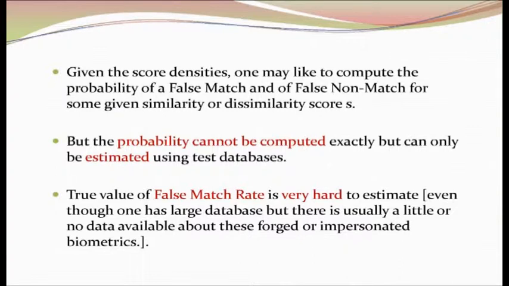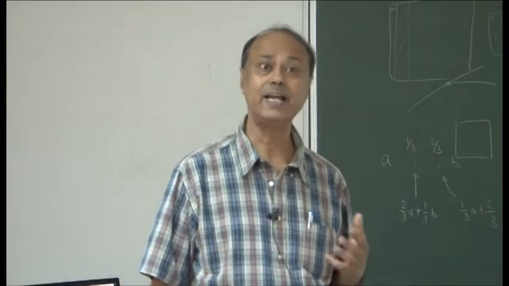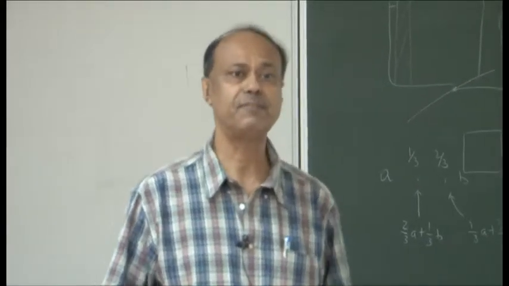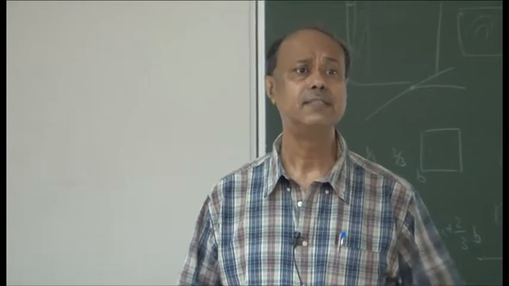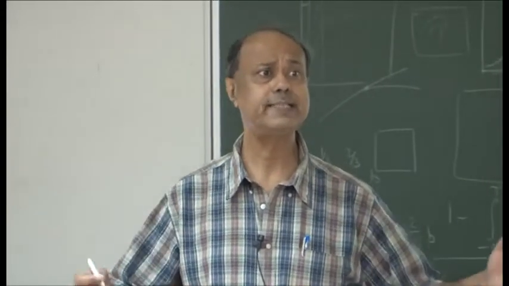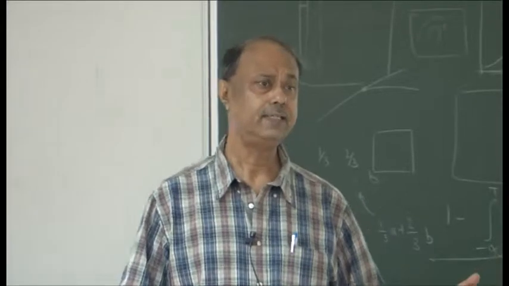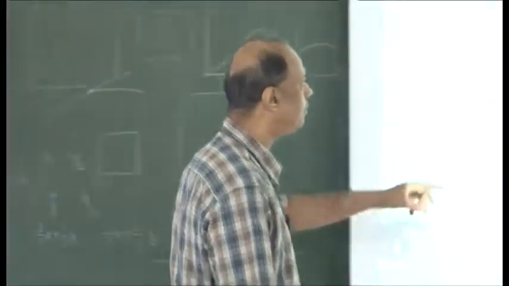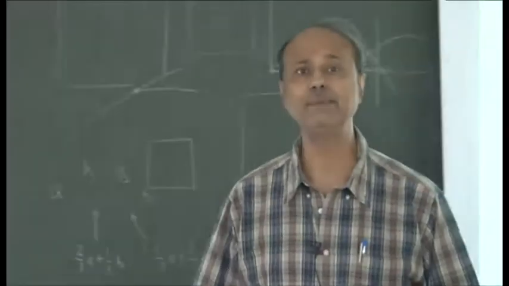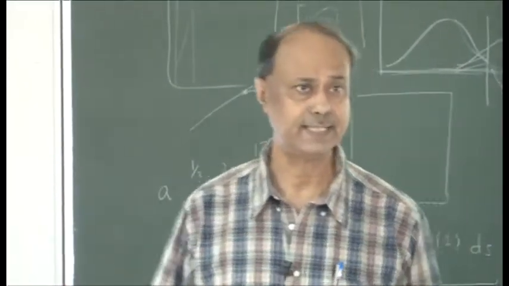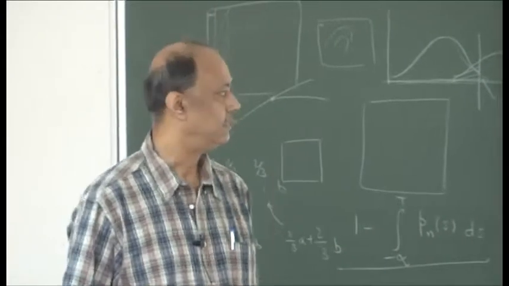I know the score densities, I want to know exactly what my FAR and FRR are, but unfortunately, you cannot do that. You cannot get the exact value of FAR and FRR, because you do not have the total test data, right. So, it cannot be computed exactly, but you can give the estimated data based on your test cases, right.